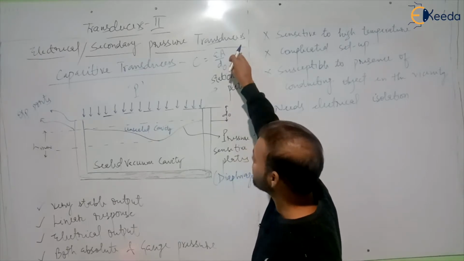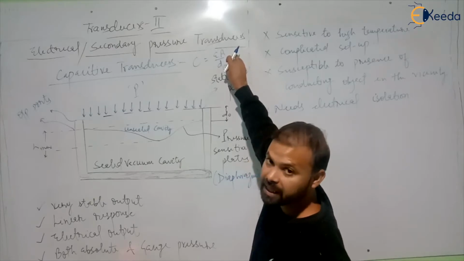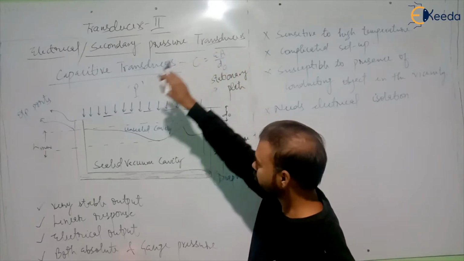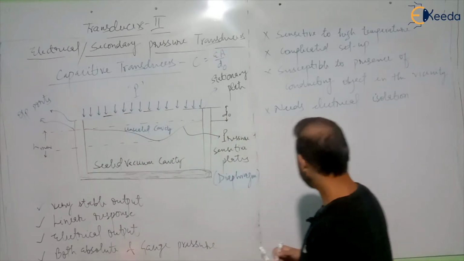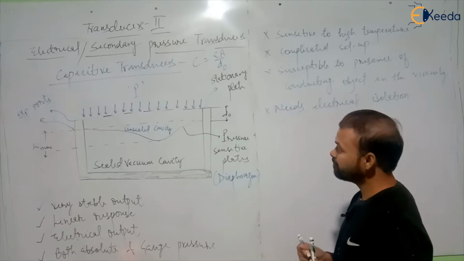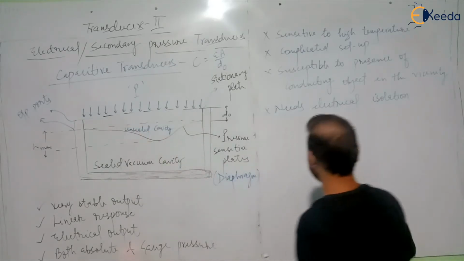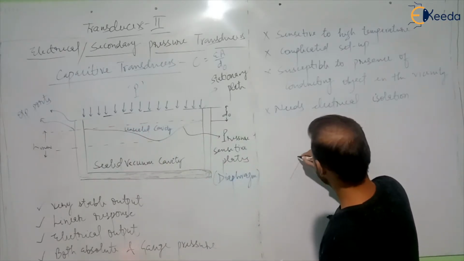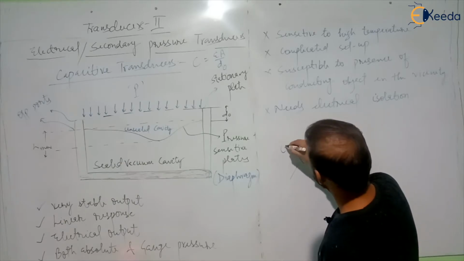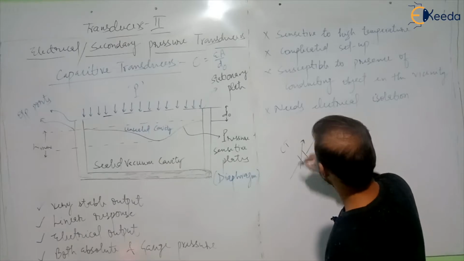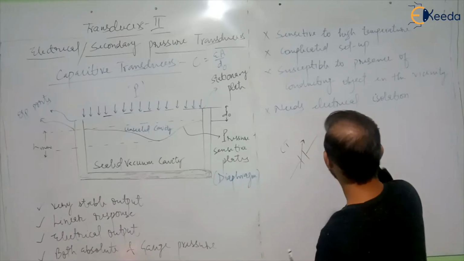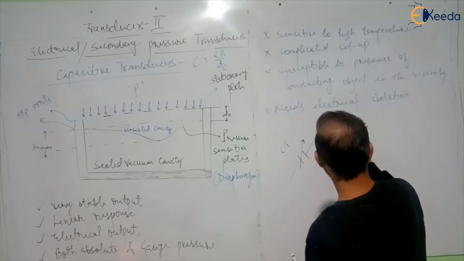And if d naught is getting changed, then your capacitance will be changed. If these two ports are connected in a Wheatstone bridge, this is your capacitive transducer, and it is variable by the application of pressure.